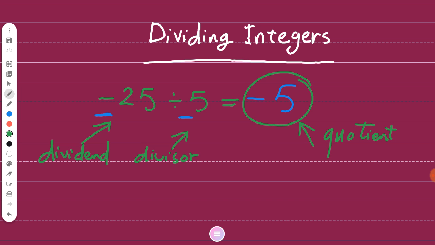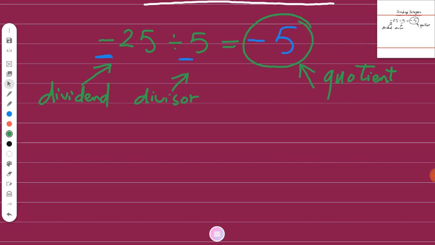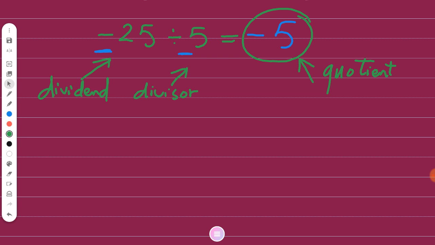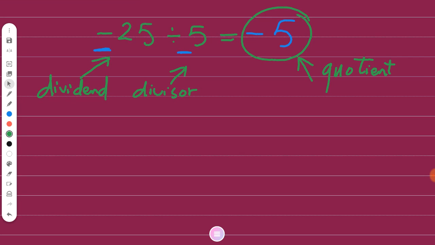Okay. To understand the meaning of division, we need to know the following. The meaning of negative 25 divided by 5 is that I need to find a number which, if I multiply it with the divisor, gives me negative 25. How can we think about it?